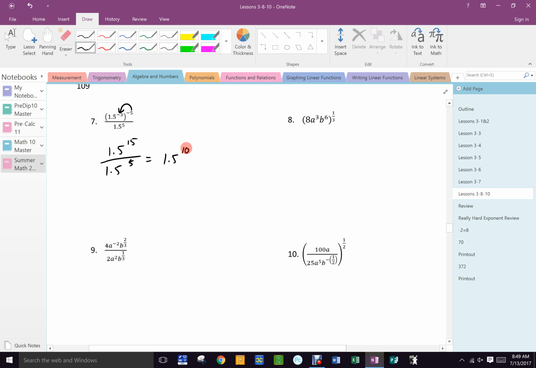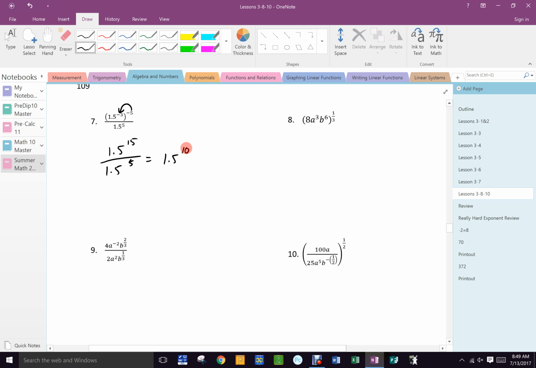What about here? Where does that 1/3 have to go? To everything. Does that everything include the 8? Yes. So what do I really have here? I have 8 to the 1/3, right? What do I do over brackets?